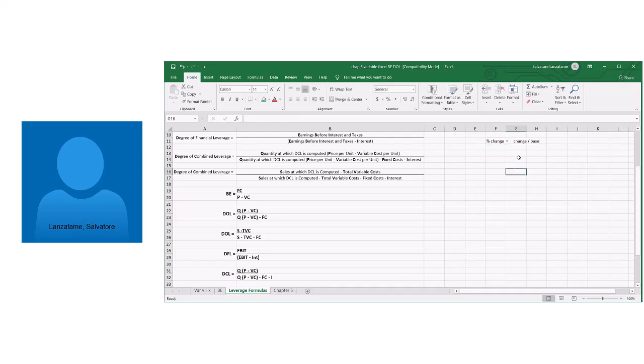So let's say, for example, you made $50,000 at the beginning of the year. Let's write this as an example.